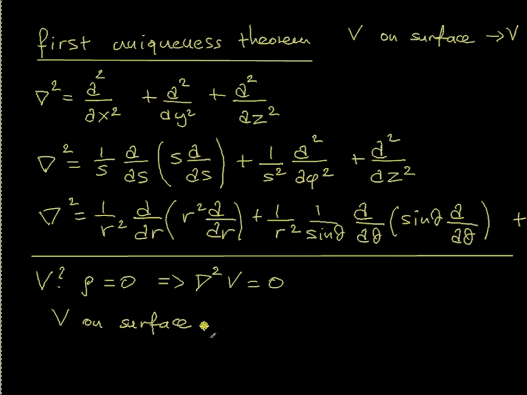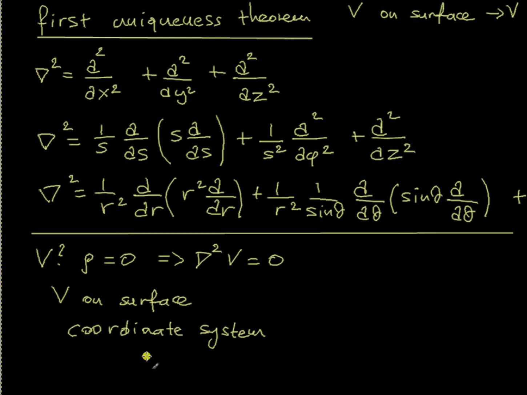Now, depending on the problem, you will need to choose a coordinate system, as we almost always do. Depending on what coordinate system you choose, you will have an expression for the Laplacian. You will have to use one of the three. And once you've written down the Laplacian in your coordinate system, then you start solving the problem while at the same time implementing the boundary conditions.